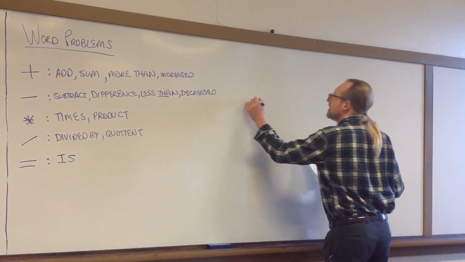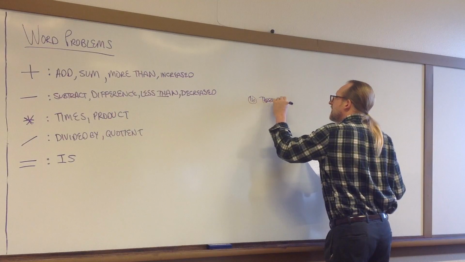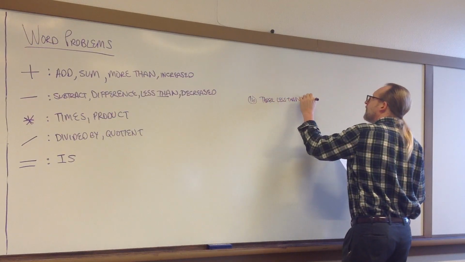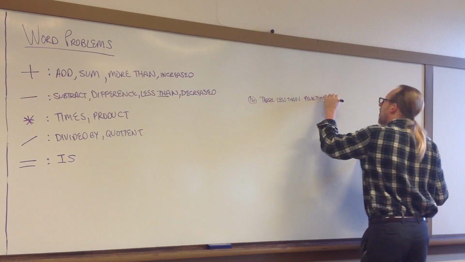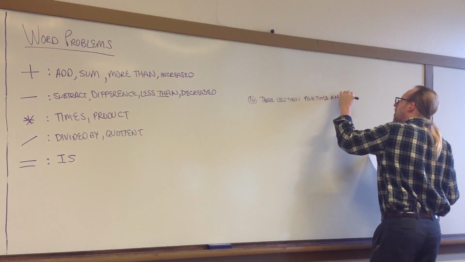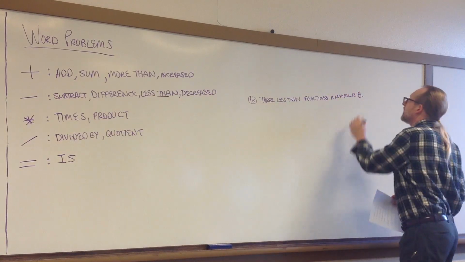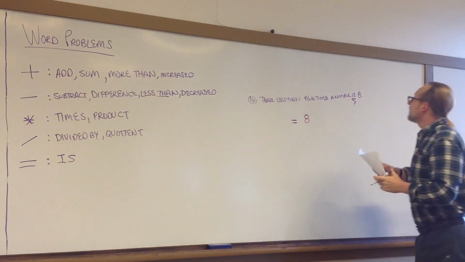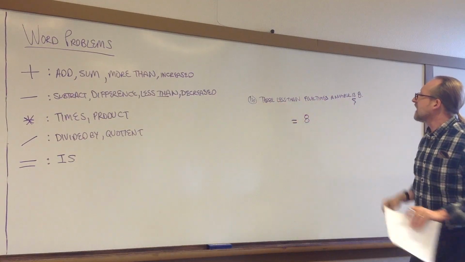So problem 16, 3 less than 4 times a number is 8. Okay, so here's your is, that's the equal sign. One side of the equal sign is going to be 8. The other side is going to be 3 less than 4 times a number.